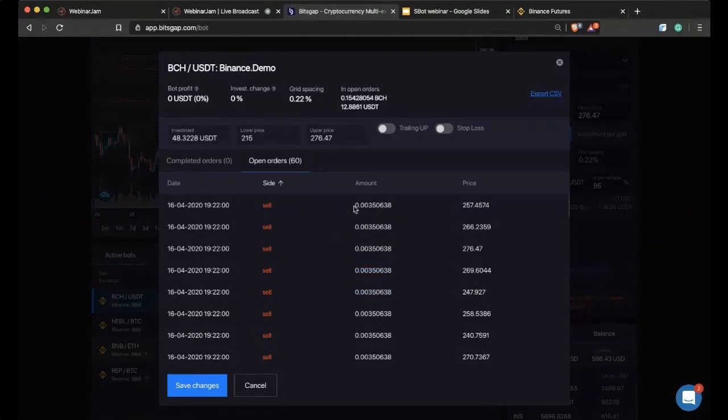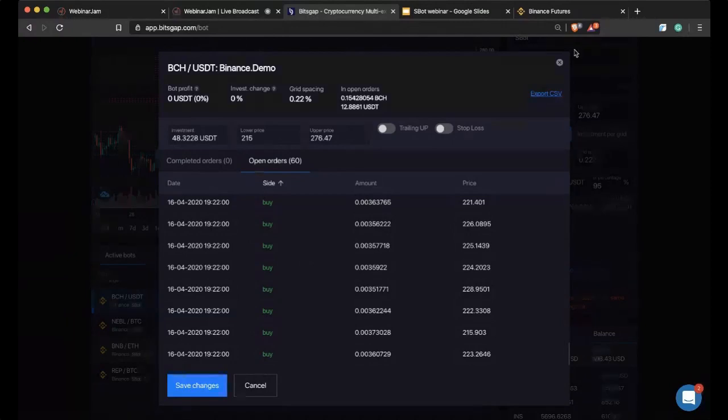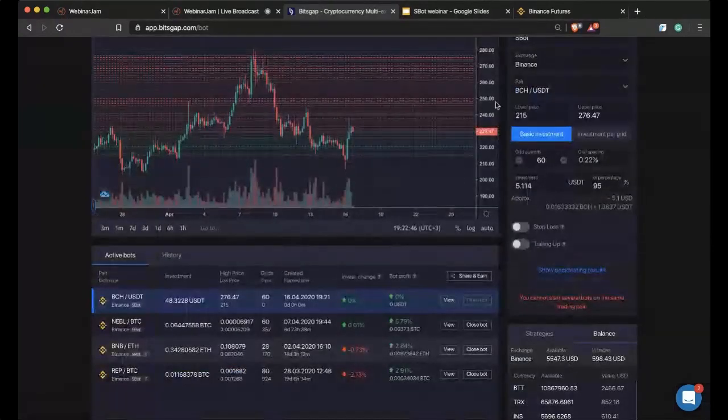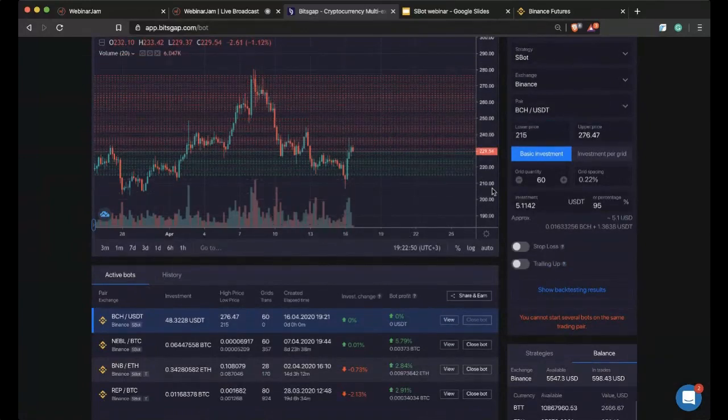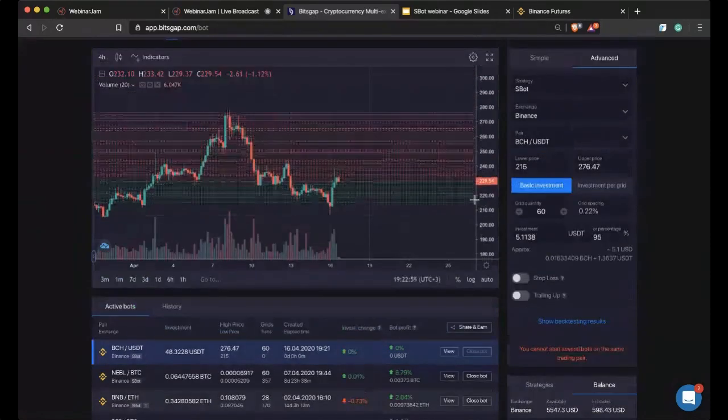So at this price, it's going to sell this amount. At that price, it's going to sell that amount. I also have buy orders because as we initiated the bot, you remember that we had a narrow side of buy limit orders. So that means my bot is going to use the allocated USD to buy, in this case, Bitcoin Cash. So that's an optimal set for your S bot in this case.